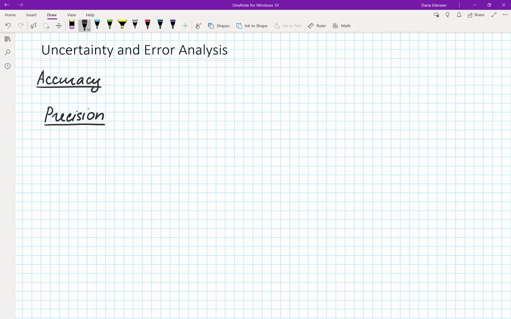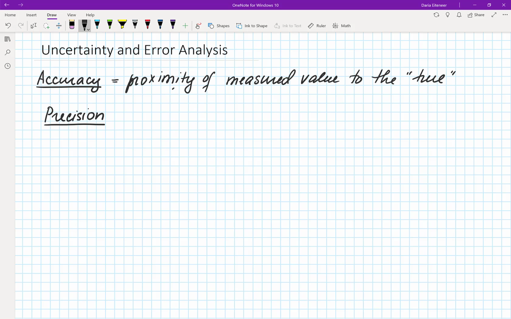Obviously, in physics, we cannot use them interchangeably because they mean different things. So accuracy is defined as proximity of measured values to the quote-unquote true or accepted value.